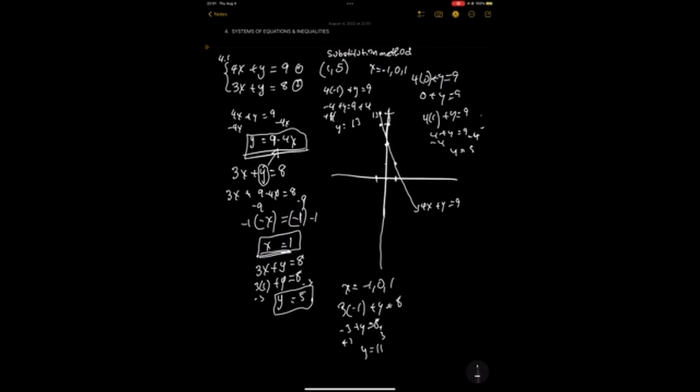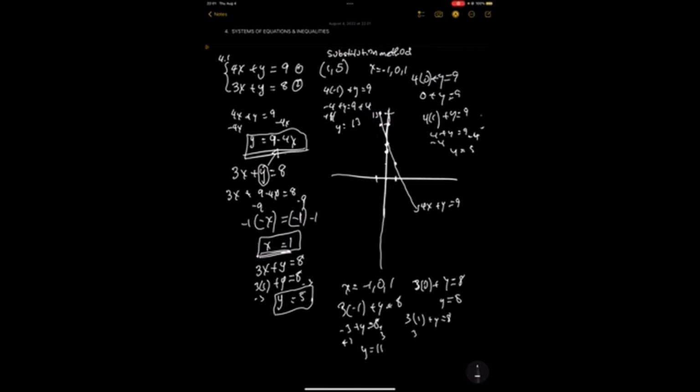Let's say at 0, we get 3 times 0 plus y equals 8. So we get y equals 8. So at 0, we get y equals 8, something like right here. And at 1, we get 3 times 1 plus y equals 8.